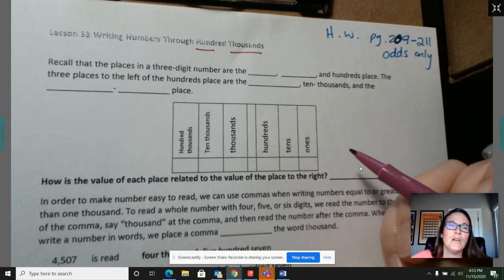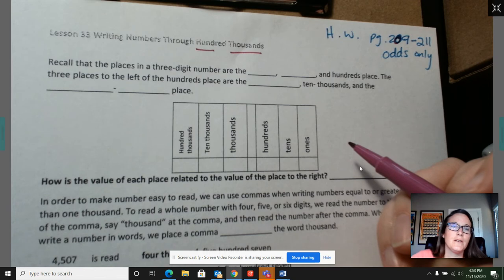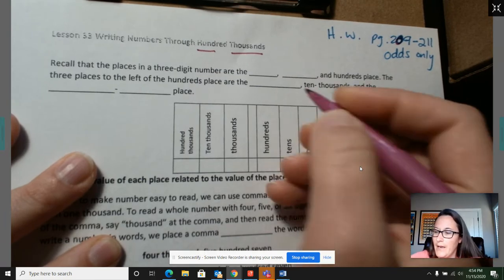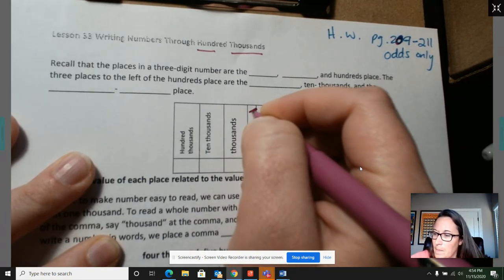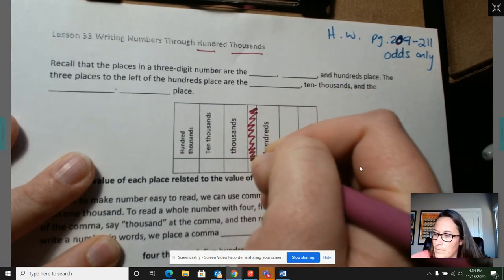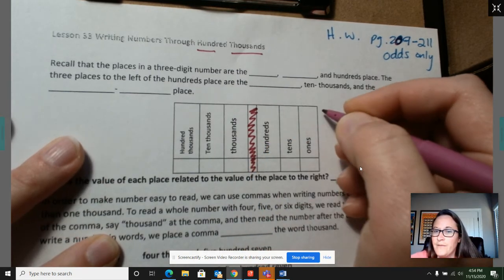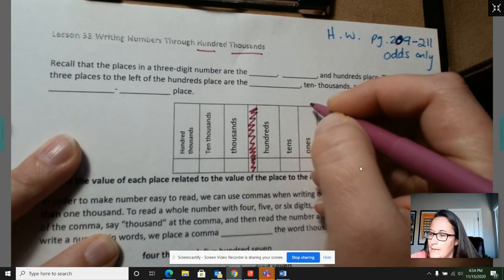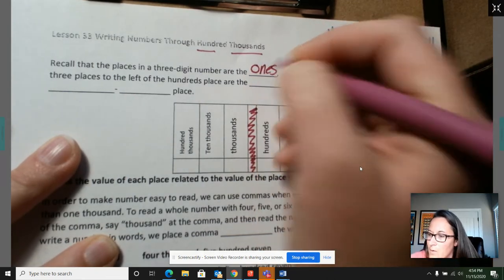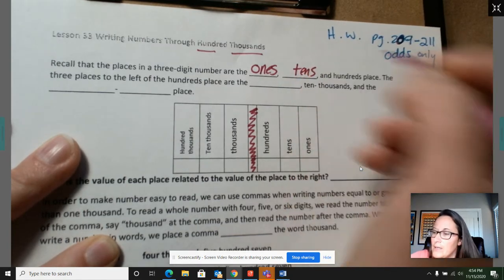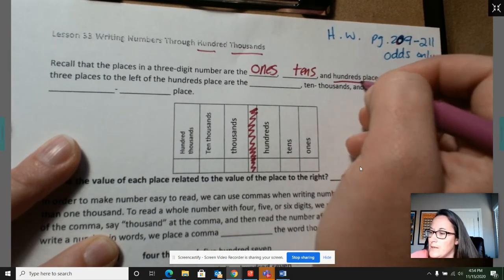All right, it says recall that the first three digits in a number are, so we have this first place. This first place is our ones place. So we have ones, then we have tens, and then we have our hundreds.